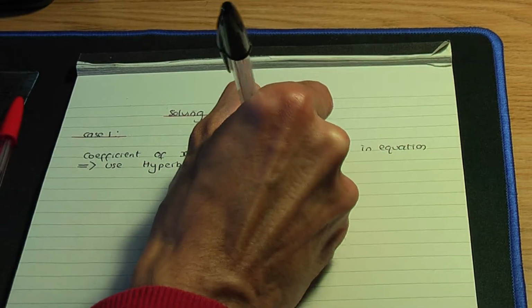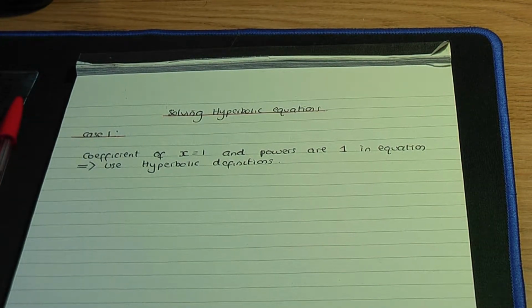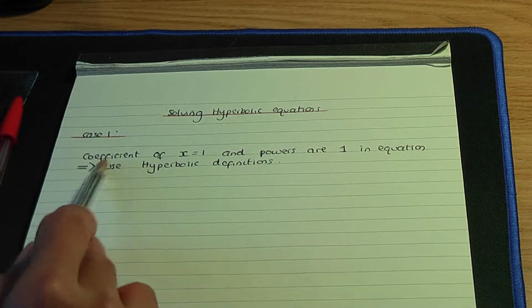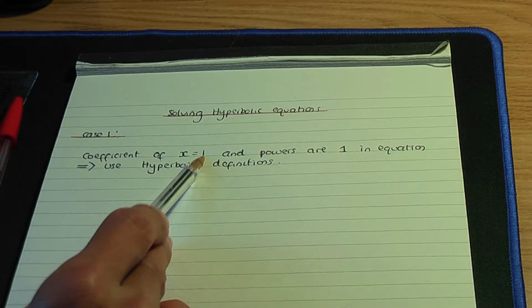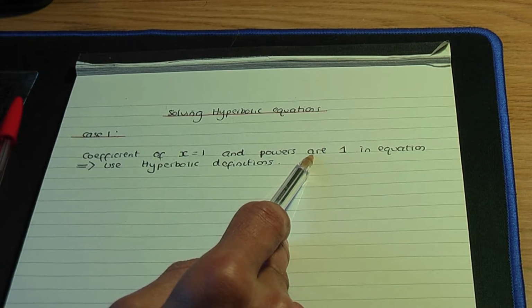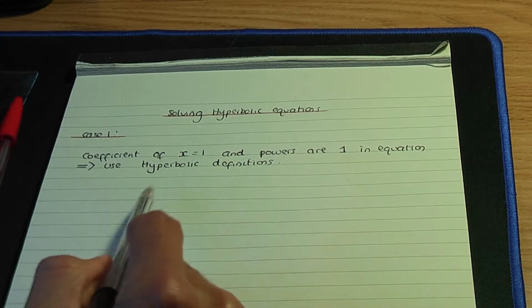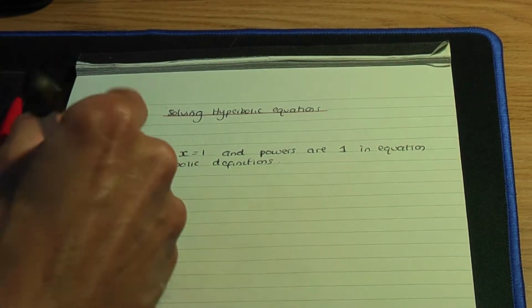Okay, so hyperbolic definitions refers to the definitions of, let's say, hyperbolic sine, hyperbolic cos, hyperbolic tan, etc. in terms of exponential functions in order to solve the equation in question. Okay, so we only do that if the coefficient of x in our equation equates to 1, and also if the powers in our equation are 1 also. Okay, so that's case number 1.